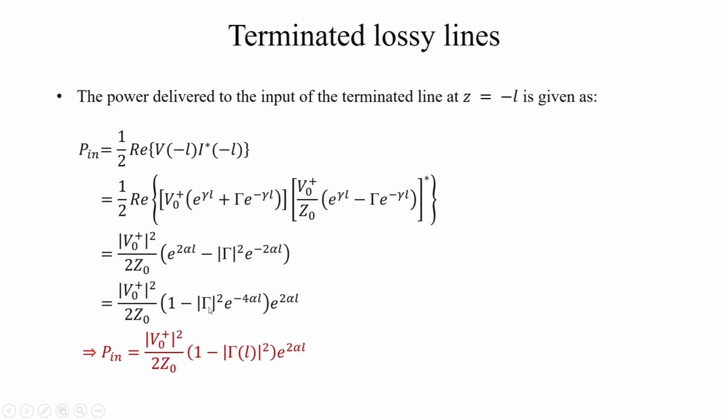Please note, in the previous equation the power is in terms of reflection coefficient gamma at the load, whereas in this expression the power is in terms of the reflection coefficient at z is equal to minus L.